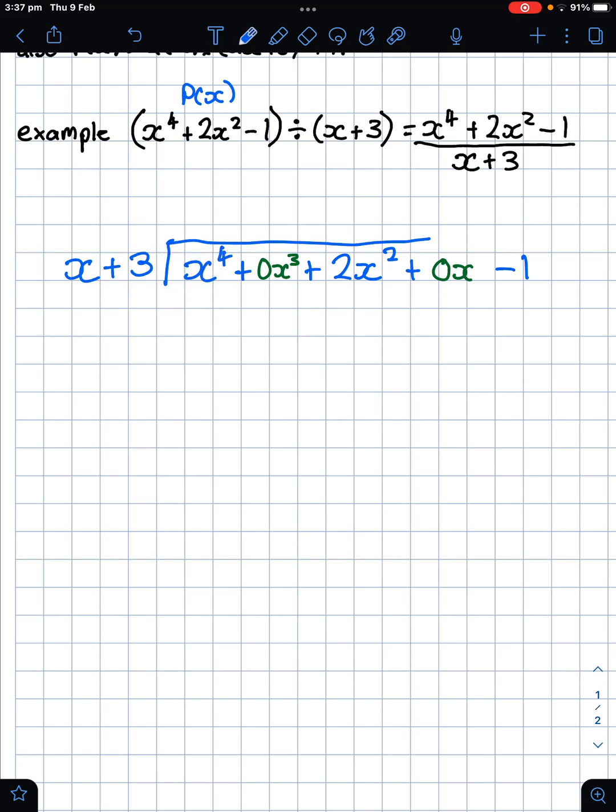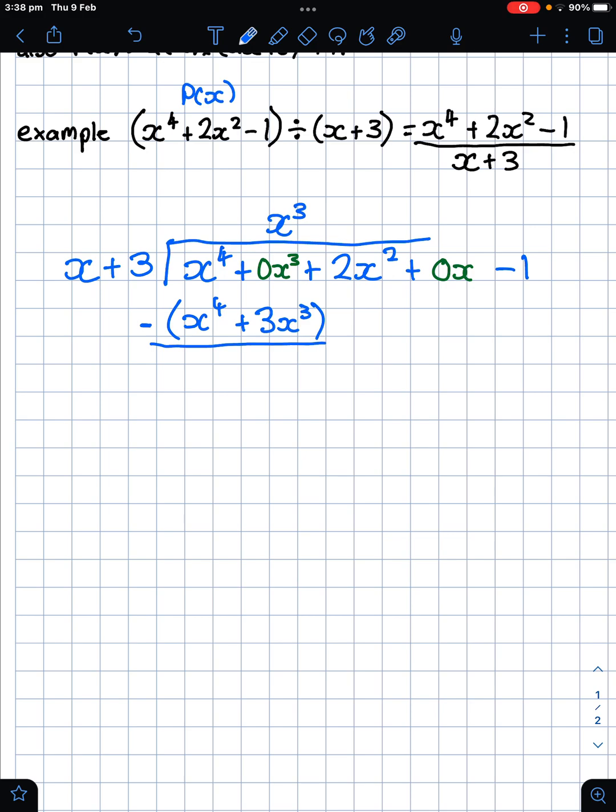Well, x times x cubed gives me x to the 4, so x cubed goes here. Then in this space we multiply this x cubed by the x plus 3. I'll do a negative sign here, and I will come back to this negative sign in a minute. So x cubed times x gives me x to the 4, and x cubed times 3 gives me 3x cubed.